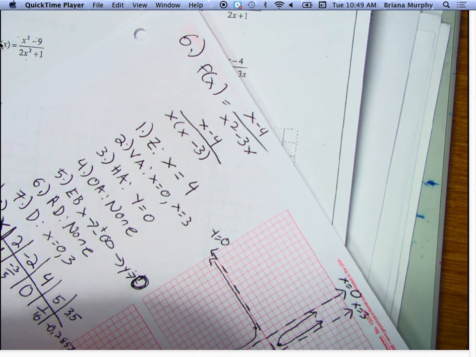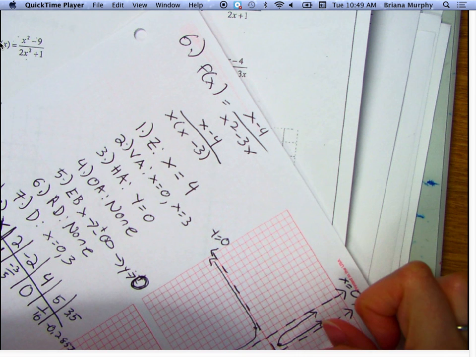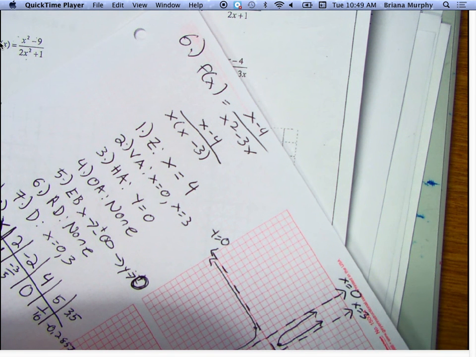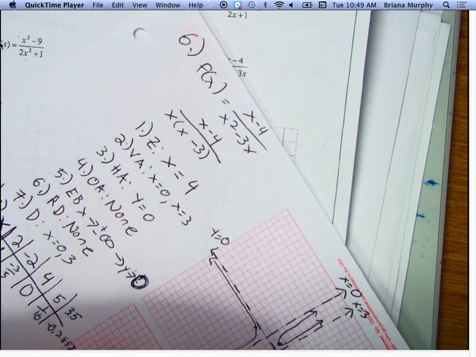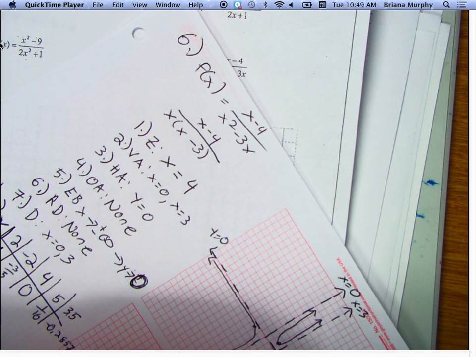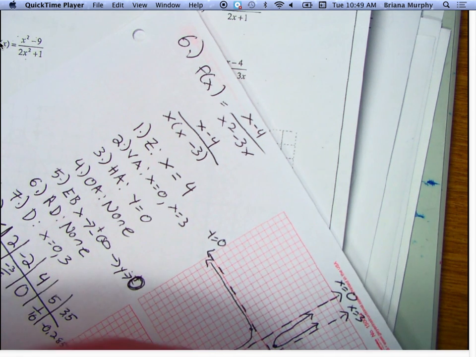Yes. And that's why you put in 1 between 4 and 3, to see if I approach the asymptote from the top or from the bottom. Alright, let me stop.